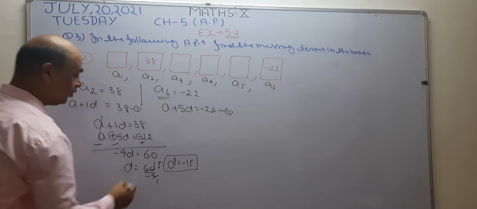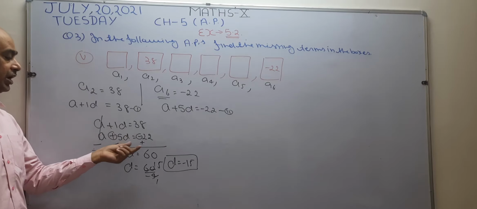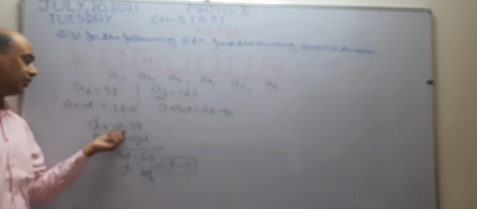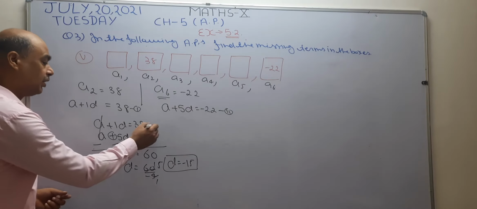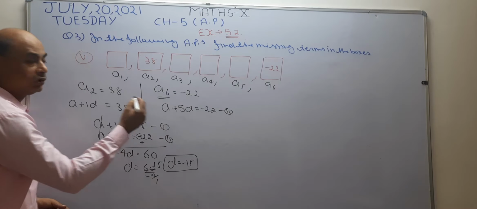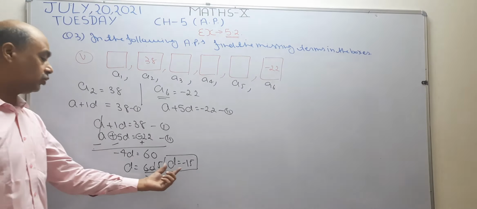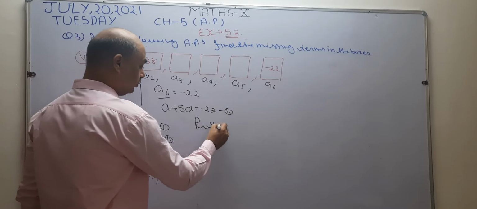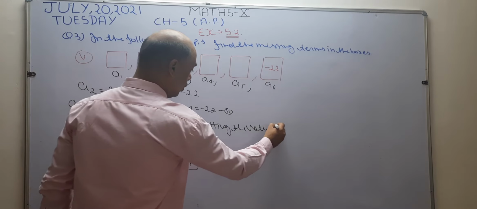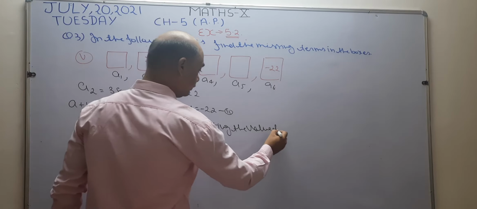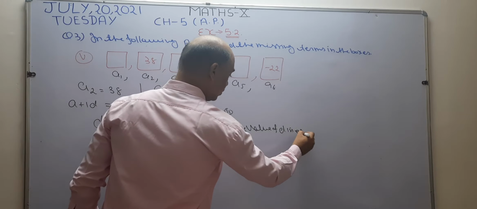After getting the value of D, we are going to substitute it in the first equation. You can substitute this value of D in either equation number 1 or equation number 2. It depends upon you. Now I am going to substitute this value of D in equation number 1. So I write here: putting the value of D in equation number 1.